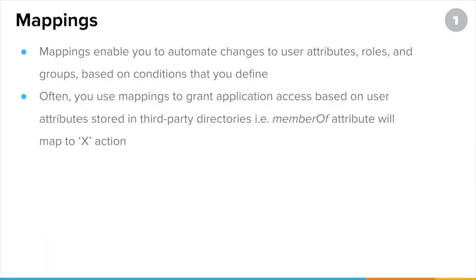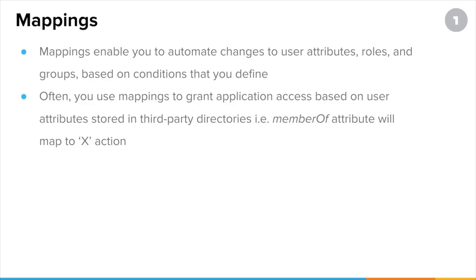Again, mappings enable you to automatically change user attributes and assign them to roles and groups based on particular conditions you've defined. So you can use mappings to grant application access, of course, to a user based upon some sort of attributes, maybe even looking at their member of field, which if they're coming from Active Directory, would be like the Windows groups that they belong to in Active Directory.